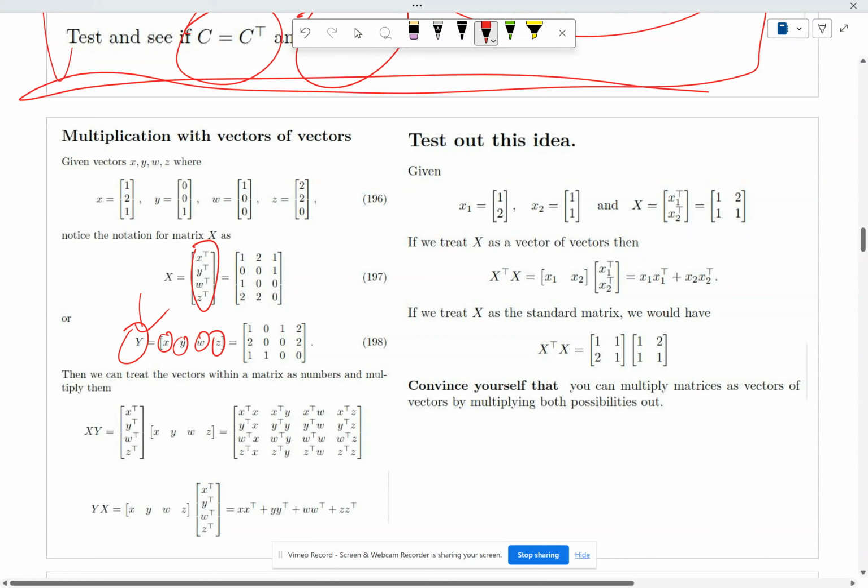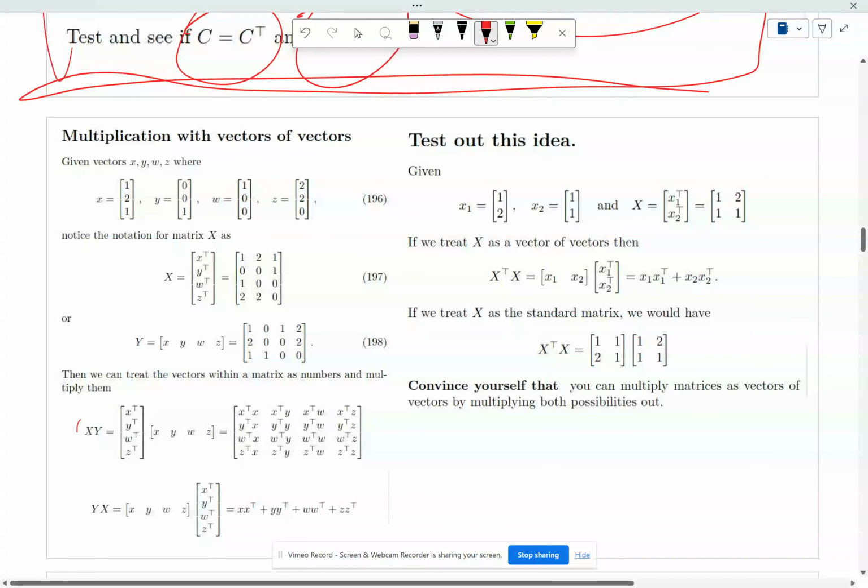So y right here is really a matrix. But if you let each column be represented by just a symbol, you can actually view this as a horizontal vector. What is interesting about viewing a matrix this way is that you can perform matrix multiplication as if it was vector multiplication.